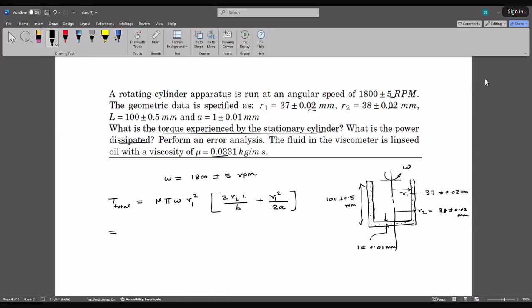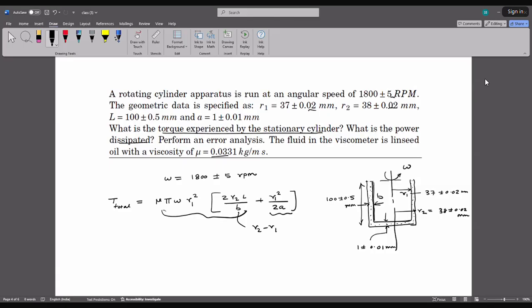The first term is coming from the sides here, and the second is coming from the bottom. What is B? B is basically R2 minus R1, the gap here.